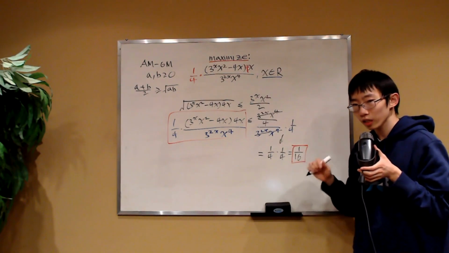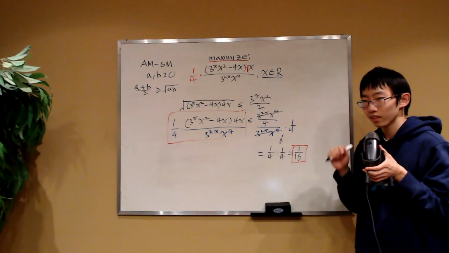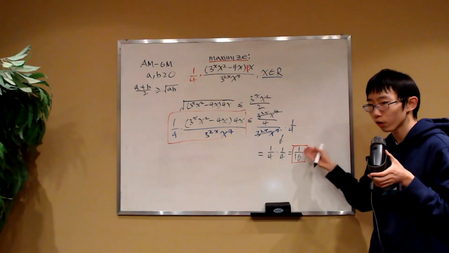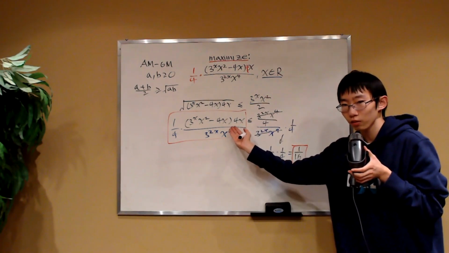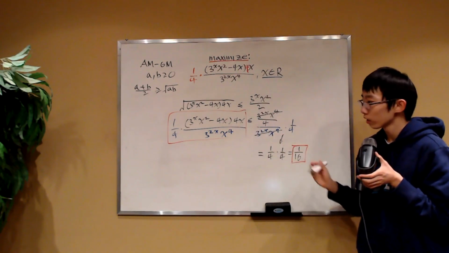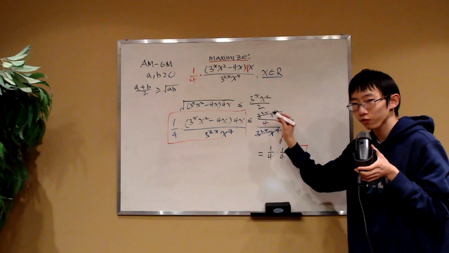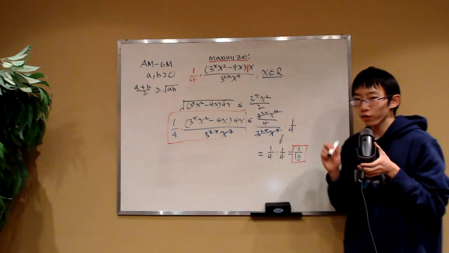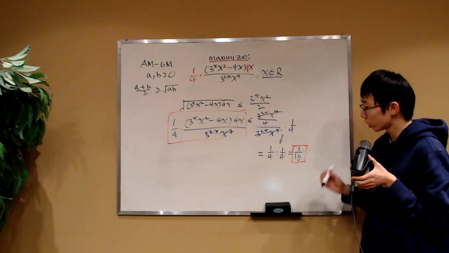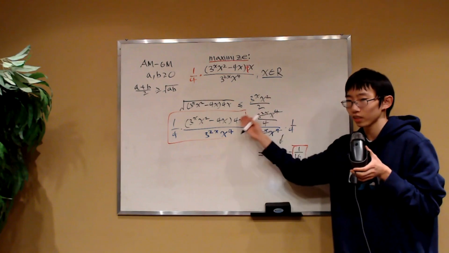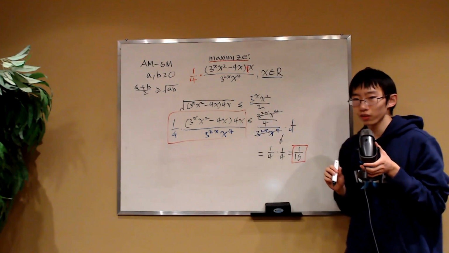But it doesn't necessarily mean that it's able to achieve 1 over 16. So if this is always smaller than 1 over 16 but can never reach 1 over 16, then this notation is still perfectly valid. Therefore, we actually have to show that it is possible to achieve 1 over 16 with this expression. How do we do that?